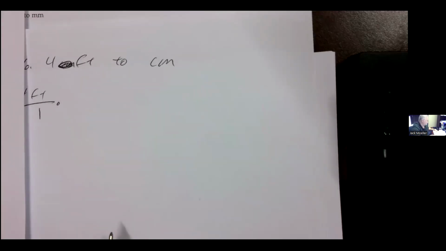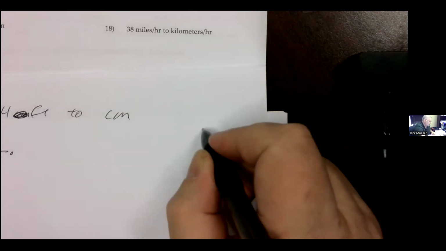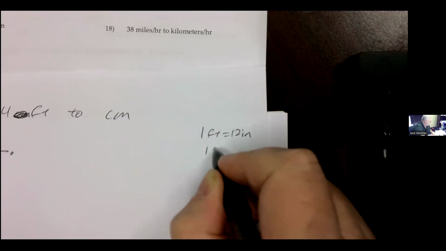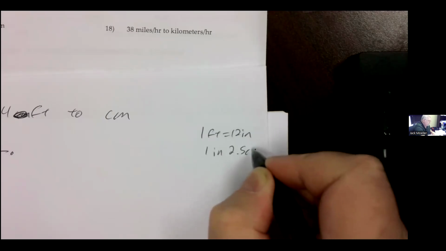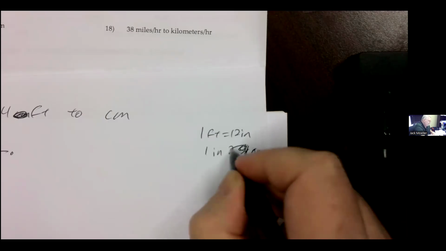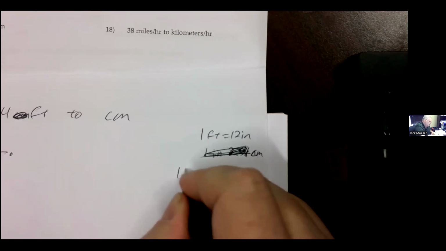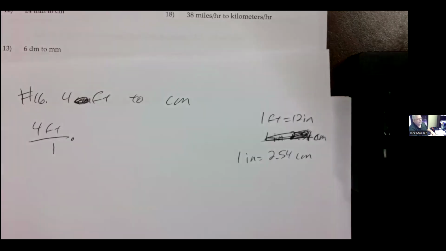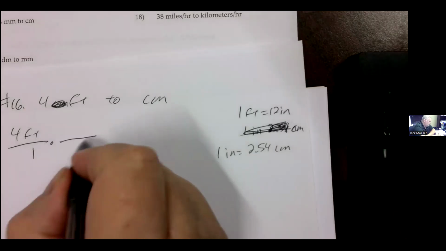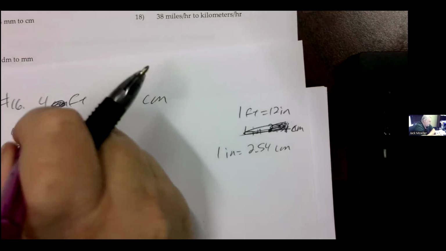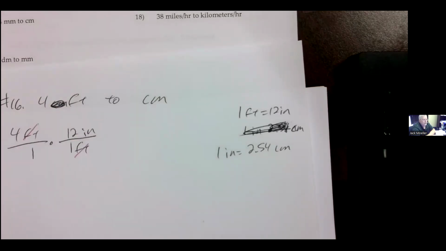If we're going to use inches to centimeters, I need that 1 foot is 12 inches, and then 1 inch is 2.54 centimeters. So let's use that and see what happens. Feet needs to go on the bottom, so 1 foot is 12 inches. The feet cancel. Now we're trying to go from inches to centimeters.